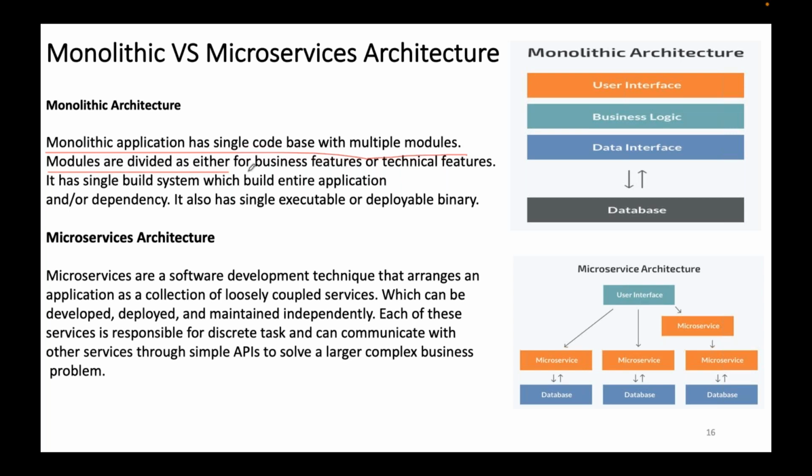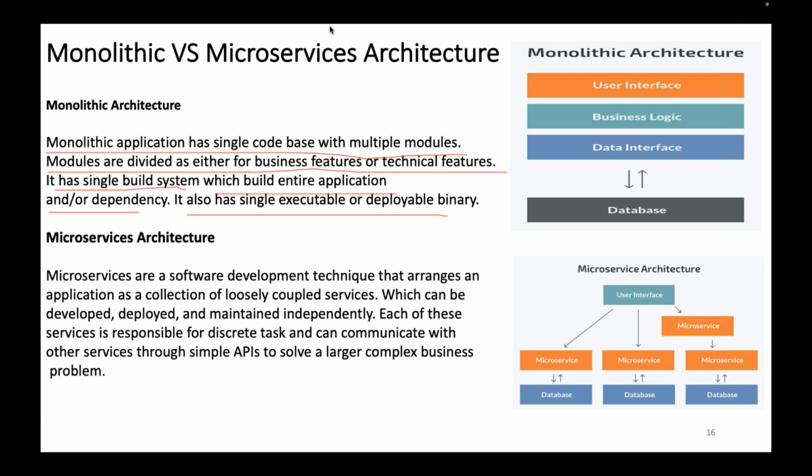Modules are divided based on the business features, the business requirements, or technical features. So it will have a single code base. It has a single build system, which will build the entire application. And also it will have a single executable package. It will have a single package to deploy.